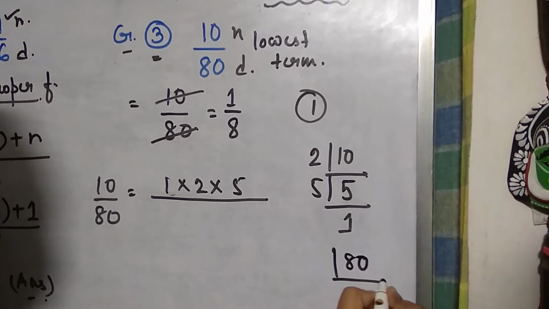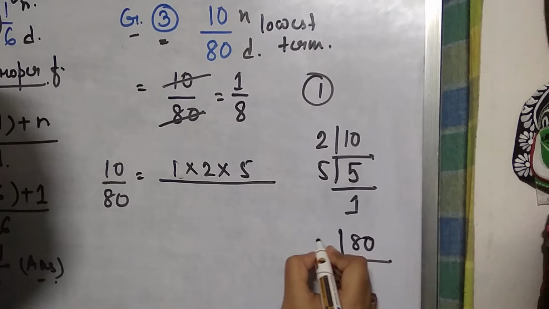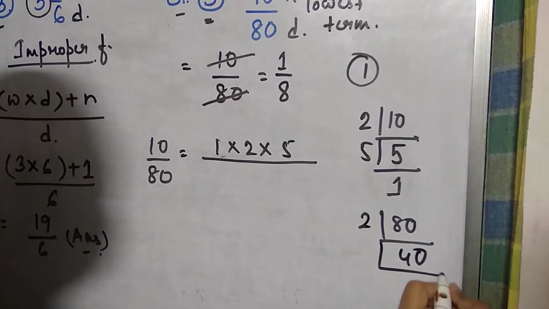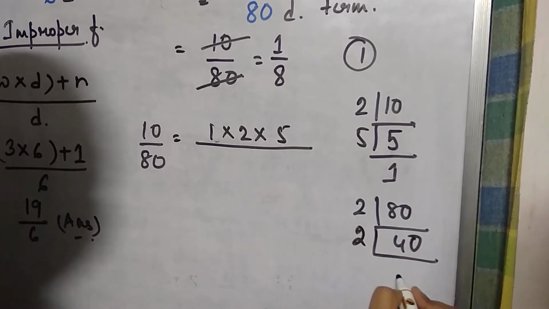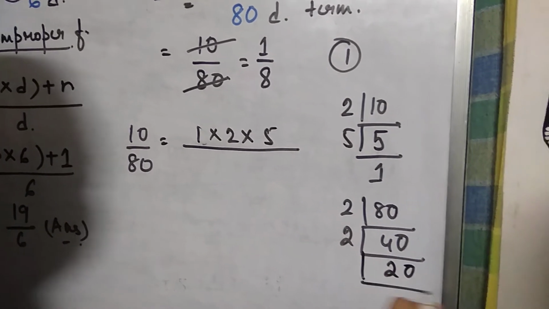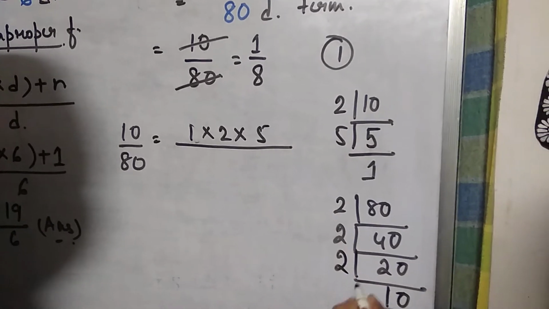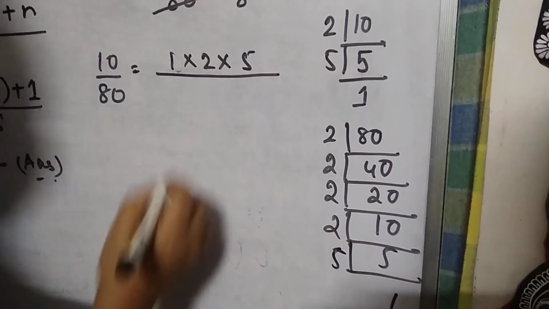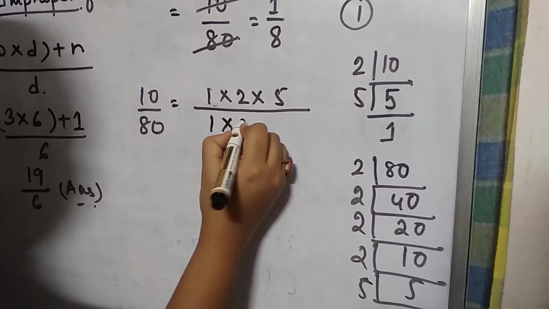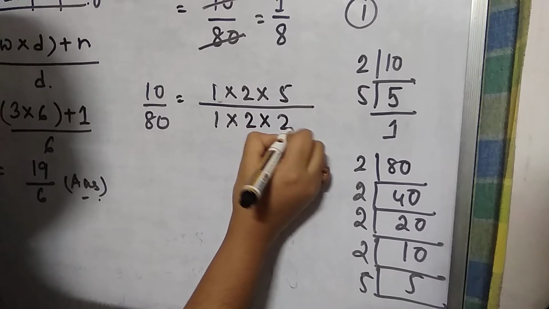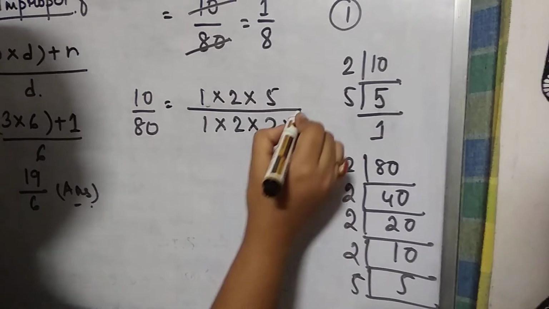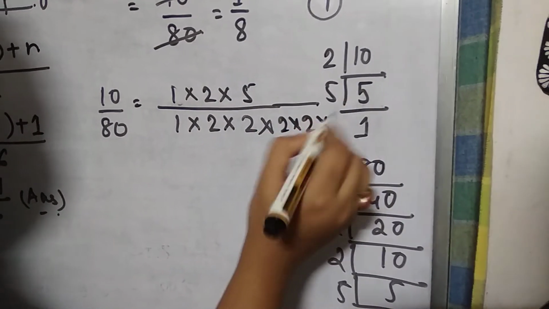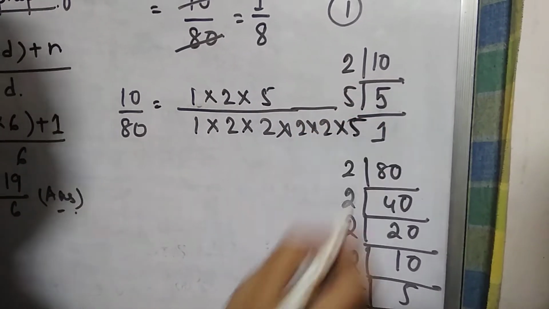Again we are going to find the factors of 80. 2 40s are 80, 2 20s are 40, again 2 10s are 20, 2 5s are 10, and 5 1s are 5. So 1 into 2 into 2 into, how many 2s are there? There are 4 2s, so 1, 2, 3, 4, and a 5 out here.